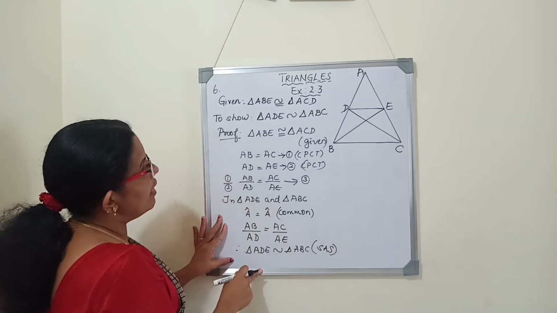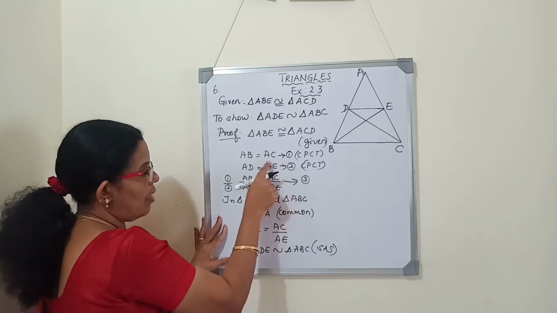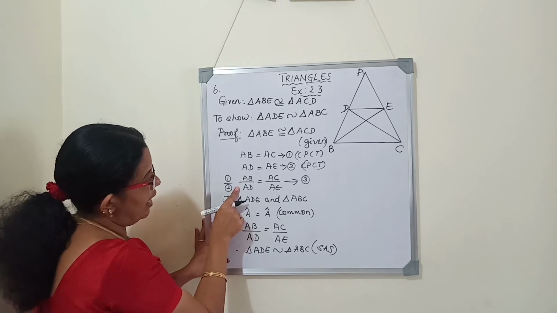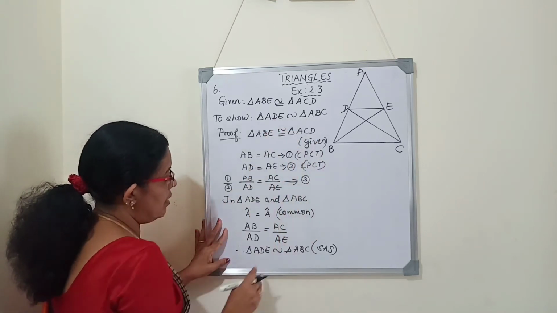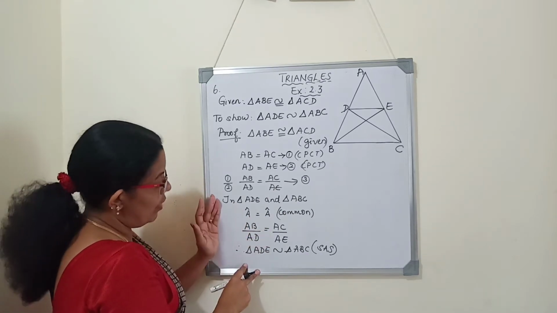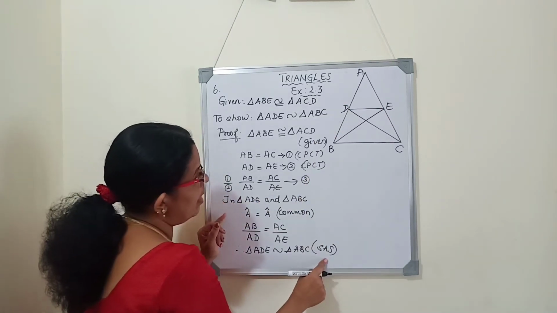So it is already given that the triangles are congruent. From that we will write two sides are equal by CPCT, and then we will take the ratio of their sides and consider the two triangles which we wanted to prove similar. Angle A is common and the ratios of the included sides are equal, so sides and the included angle. Triangles are similar by SAS criteria.